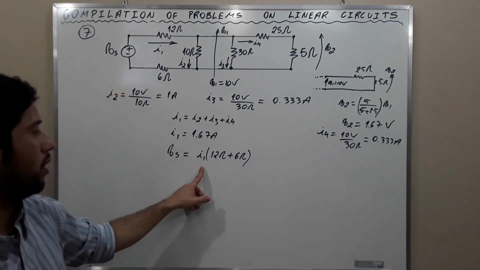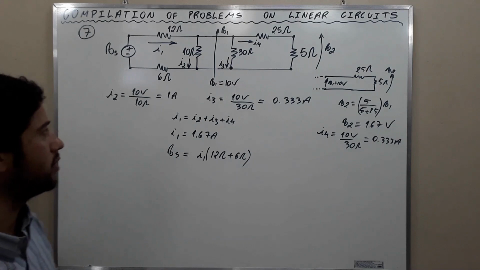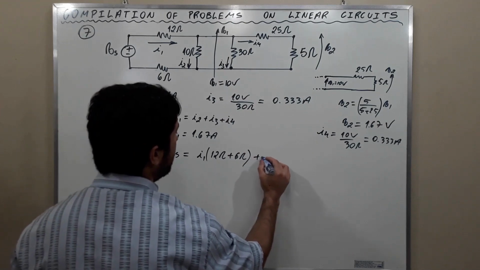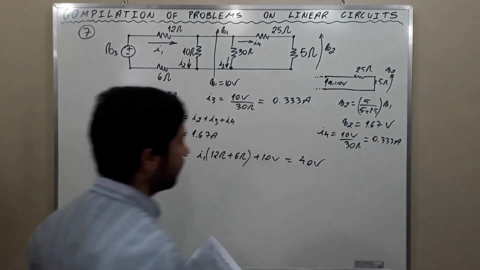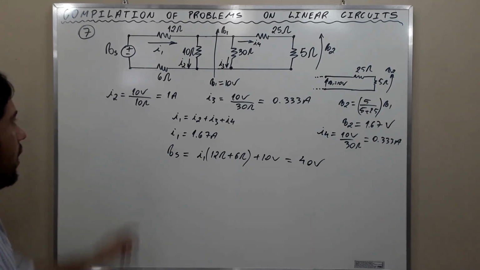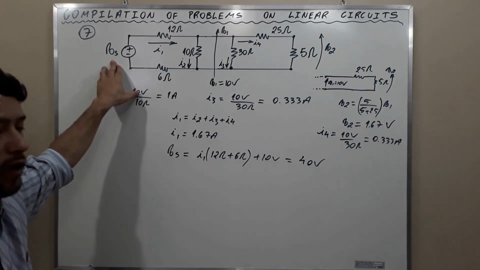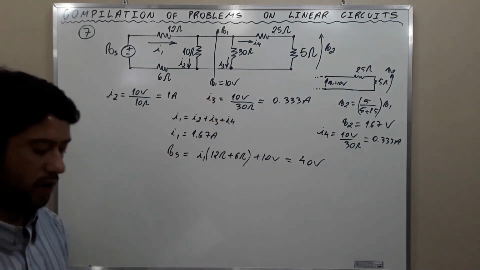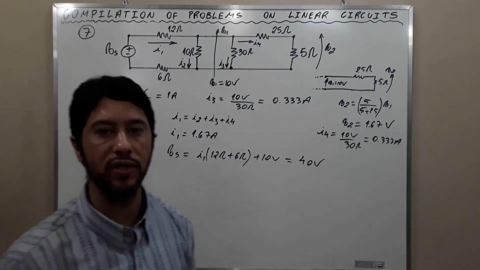So the combined voltage drop will be I1 times 12 plus 6, plus the value of V1, and this is 40 volts. The conclusion is that when we adjust Vs to the value of 40 volts, V1 becomes 10 volts. My friends, this is all for exercise 7. Let's go to exercise 8.